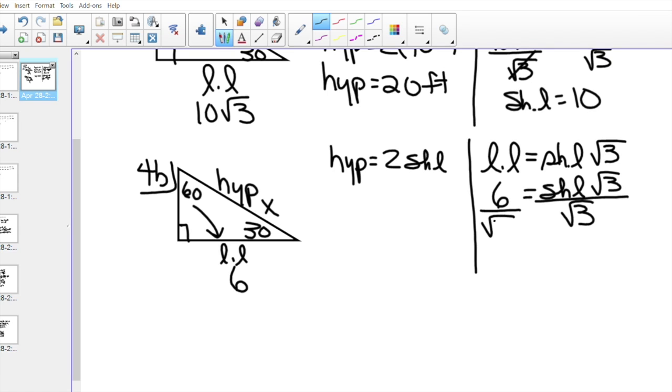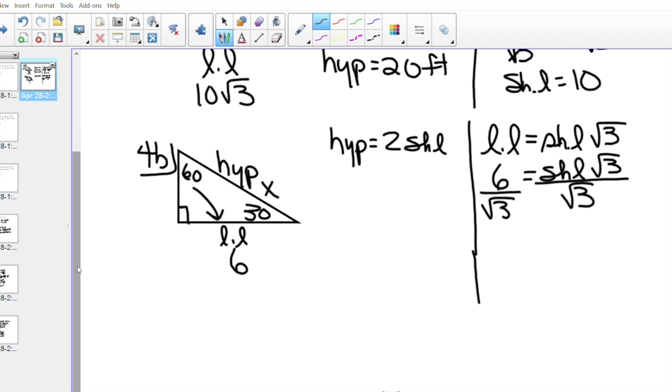But you cannot take 6 and divide it by the square root of 3. So we have to rationalize our denominator. What that means is we're going to have to multiply the denominator by the same thing, in this case, square root of 3.